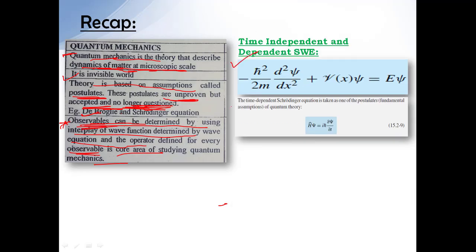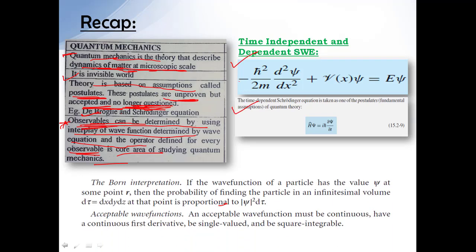This is the time independent one, and this is the time dependent SWE. Next, we saw the Born interpretation. Born interpretation tells that modulus of psi square is the probability density, and modulus of psi square into d tau tells about the probability of finding a particle in a given region.